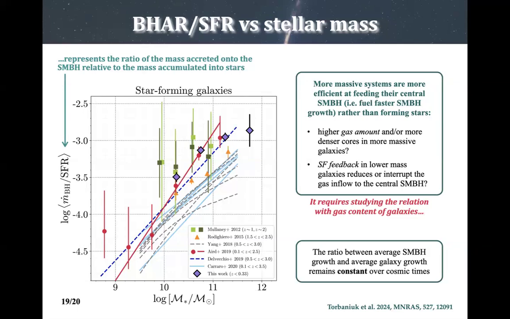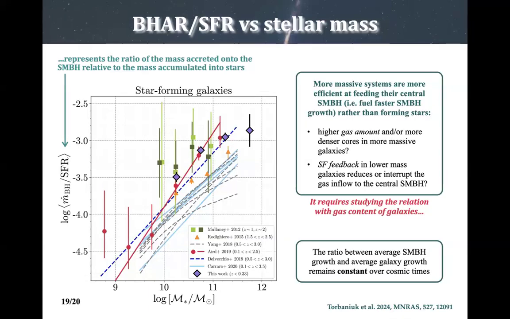And usually we suggest that both black hole accretion and mass accretion into stars depend on the amount of gas which is available in our host galaxy. In our case, unfortunately, we don't have the masses for the gas component inside of our galaxy, but we have the stellar masses, which means the mass of gas which was converted to stars.